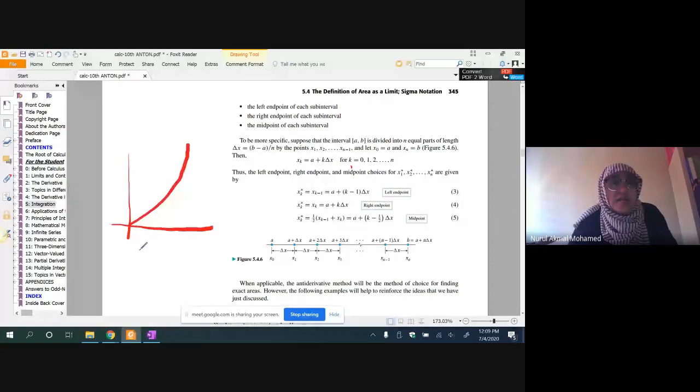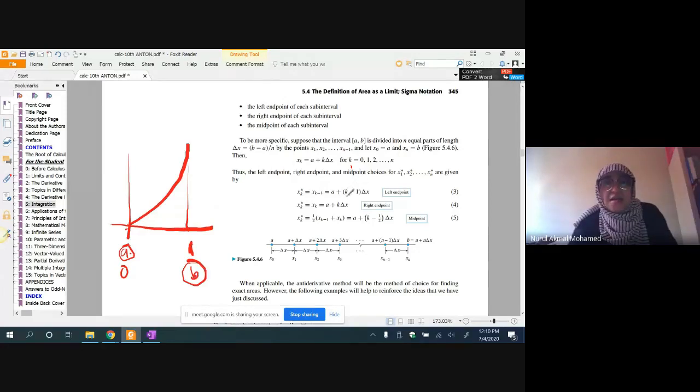If the area that we consider is from 0 up to 1, our a will be 0 and our 1 will be b. A is the first limit, and b is the second limit. This is the lower limit and this is the upper limit.